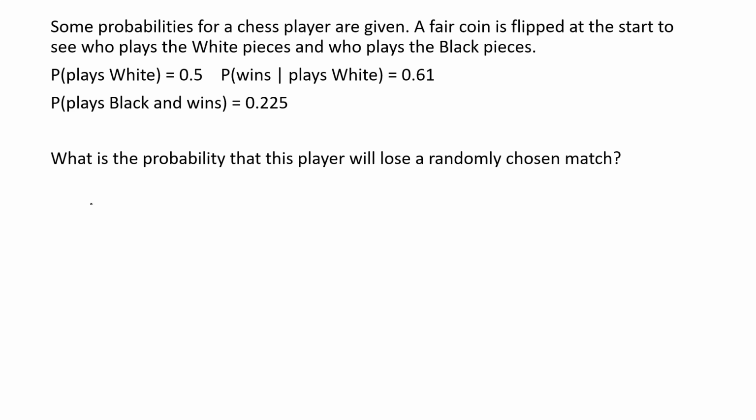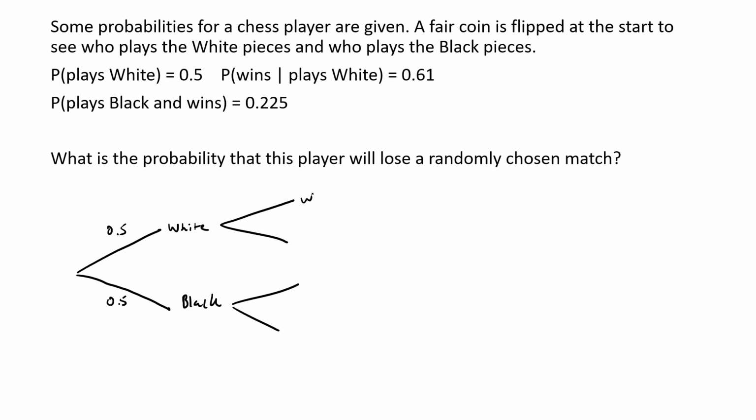And so this is another example of where a tree diagram is helpful. So first of all, we just need to decide, are they white or black? White or black. Okay, but in this case, that's just a 50-50 shot. And then, of course, right, you could play the white pieces and win, or you could play the white pieces and lose. And same thing for playing the black pieces.